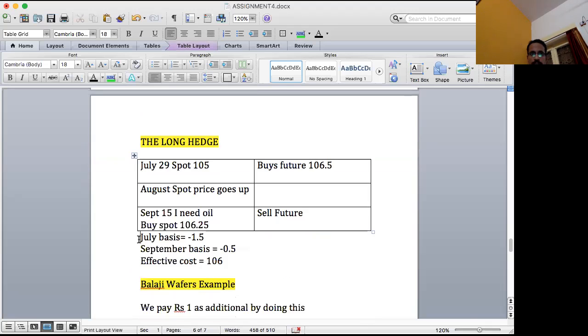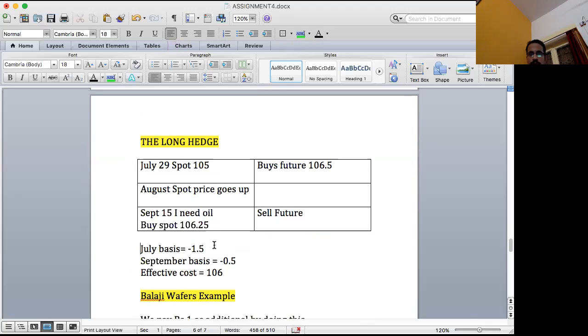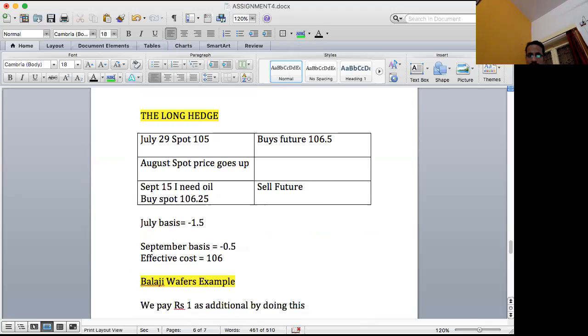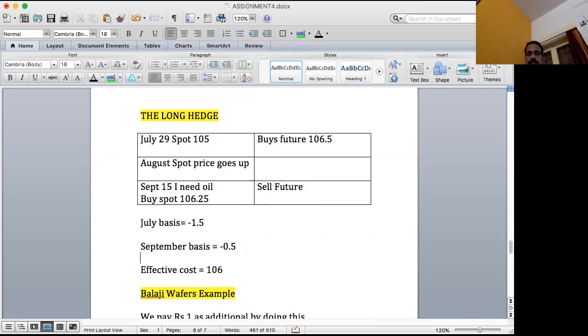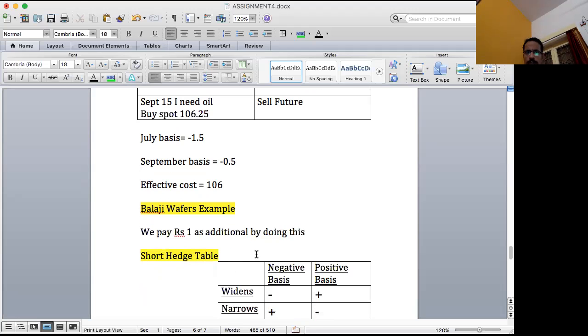We bought that future in July and sold it because the July basis is negative 1.5 and the September basis is negative 0.5. So the effective cost is 106, because again your basis has narrowed down.